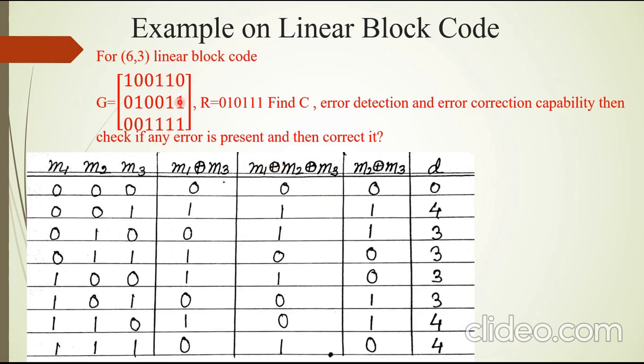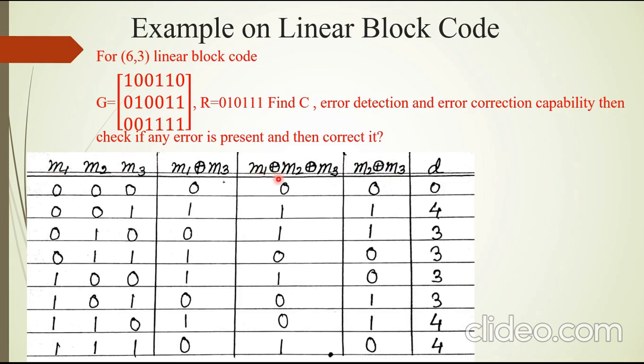So M1, M2 and M3 have the same value, which is 1. So it will be M1 XOR M2 XOR M3. So I will take M2 XOR M3 from here and I will XOR it with M1.